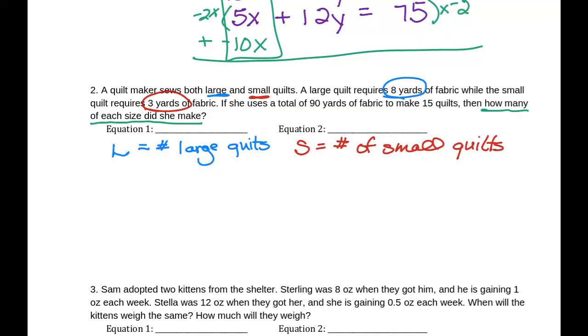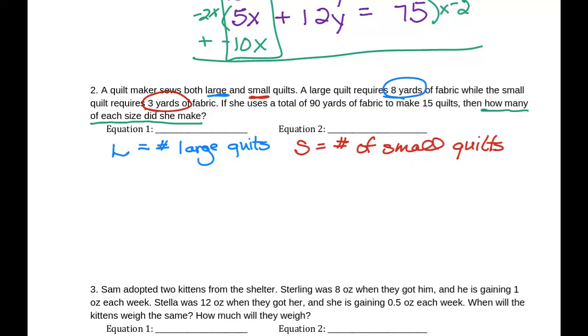So there are 2 things going on here. Can you identify the 2 things that we're talking about here? Look at the totals. We got 90 yards total and 15 quilts. So one of the equations is talking about, say it again.